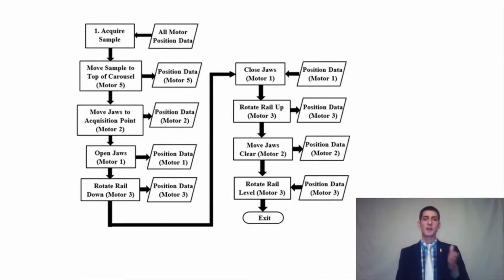It's going to move the jaws, update the data, open the jaws, update the data in the database, rotate the rail up, down, update that data, and then here at the closing of the jaws, we have something different. We actually have data flowing in the opposite direction. We have the command structure accessing the database and seeing where the jaws are at, where it needs to be.